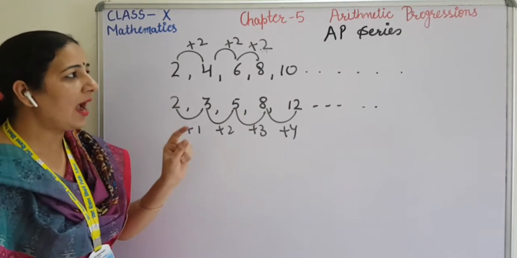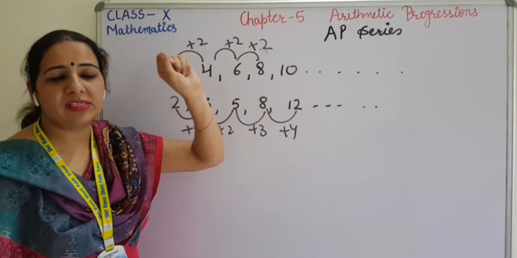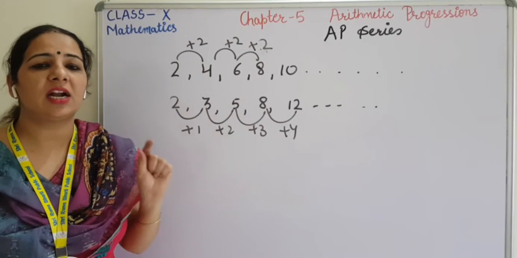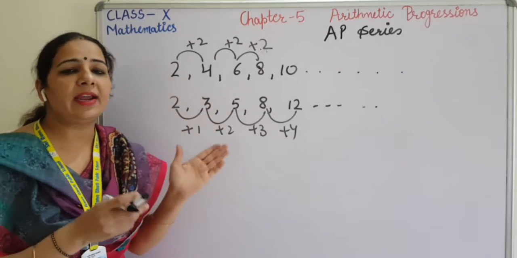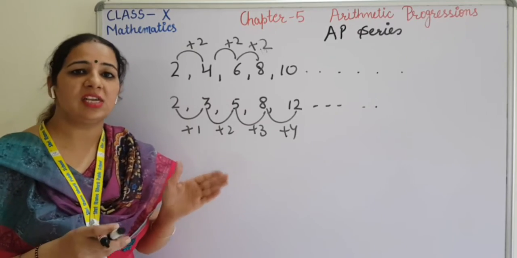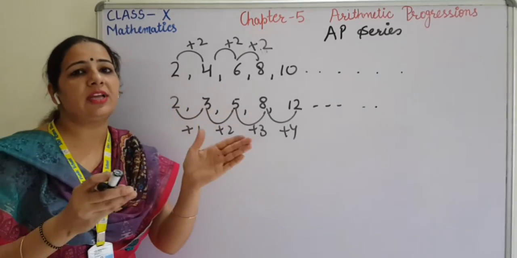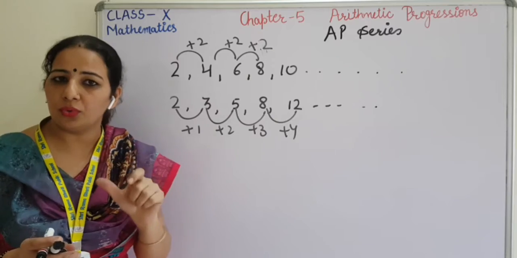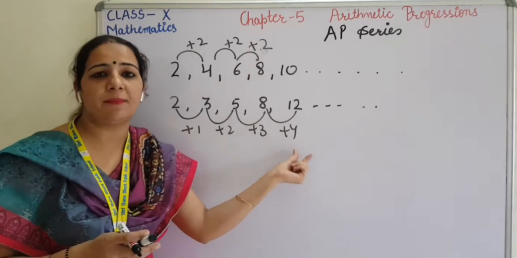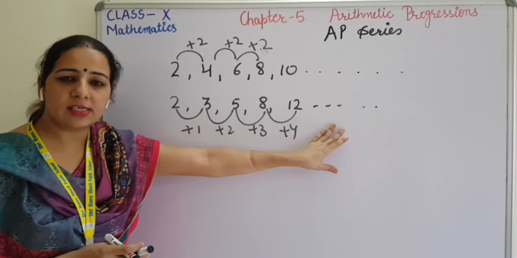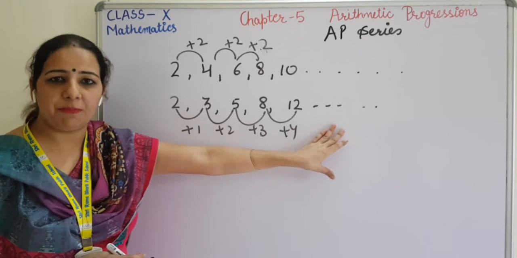Fine. So today I am going to tell you about the AP series. In AP series, the difference between the terms should be constant. Constant means if we are adding 2, 2, 2, then it should be by adding 2, 2, 2. And here we have written plus 1, then plus 2, then plus 3, then plus 4. No doubt it is a series, but this is not the AP series.